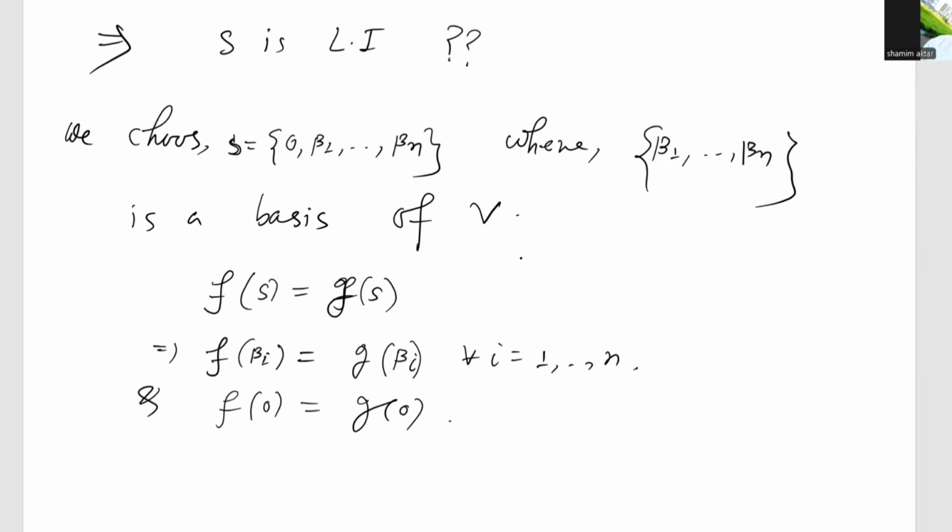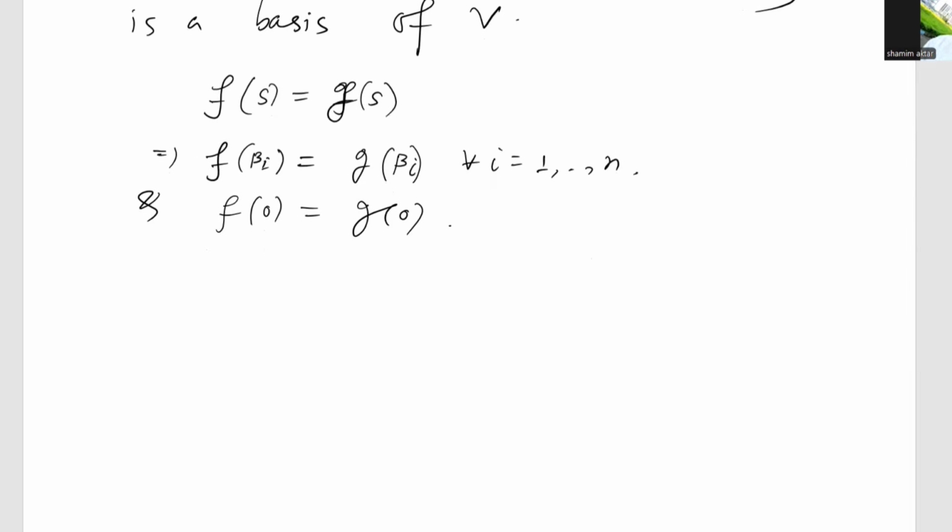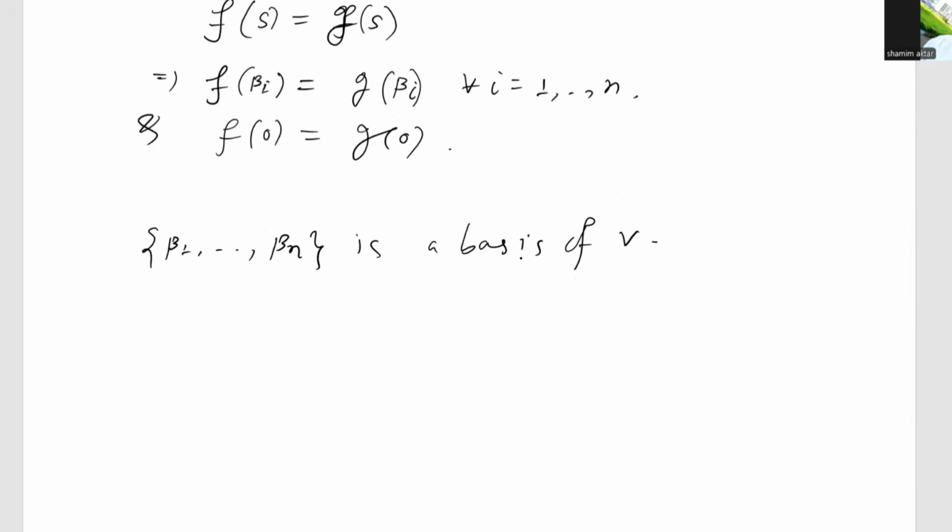So now this beta 1 comma dot dot beta n is a basis of V. So any element v belonging to V can be written as a linear combination of the basis elements. So v equals alpha 1 beta 1 plus dot dot plus alpha n beta n.